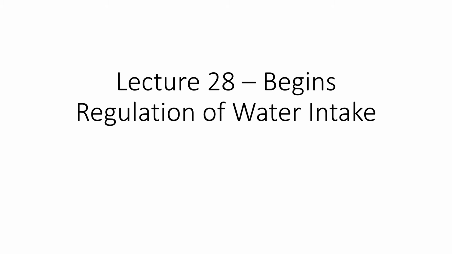Average daily water output, as you would expect, if water is going to be in balance, output is going to equal input. You'll recall average input per day is 2,500 milliliters. And so now we're saying that average water output is also 2,500 milliliters, 2.5 liters per day.